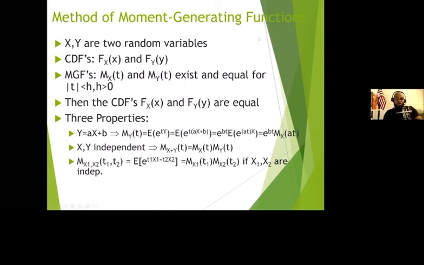Now, what we've done today: I just walked you through how, given a function of a random variable, that is, a new random variable which is a function of the original one, we can derive the probability function for the new one using the method of distribution function, the method of transformation, or the method of conditioning.